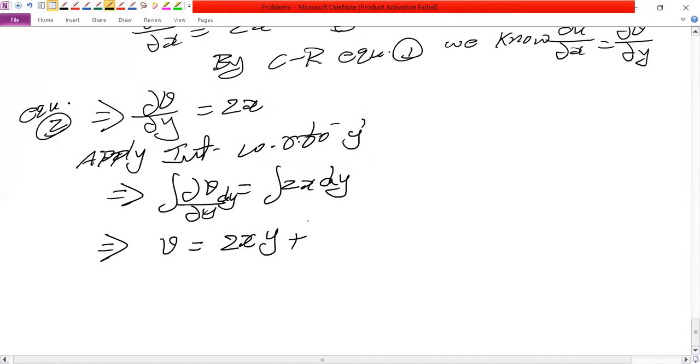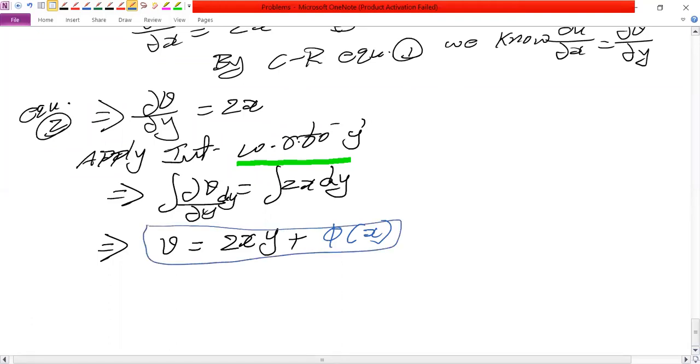We applied integration with respect to y on both sides, so integrating constant, yes or no? Yes, but we made our integration with respect to y variable. So whatever the integrating constant may be, in functions of x, there is no problem. Understood?